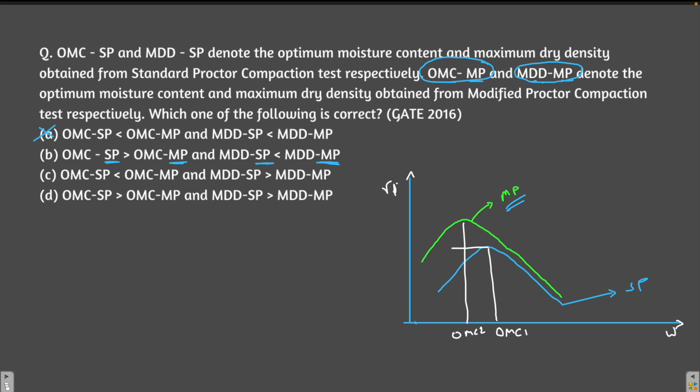This is the maximum dry density gamma D1 obtained from the standard Proctor test, and this is the maximum dry density obtained from the modified Proctor test. So which one is greater? I think the dry density obtained from the modified Proctor test is greater than the standard Proctor test. So this one is correct and this one is also correct. So statement 2 is correct.